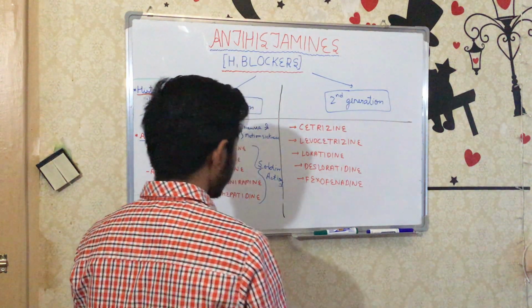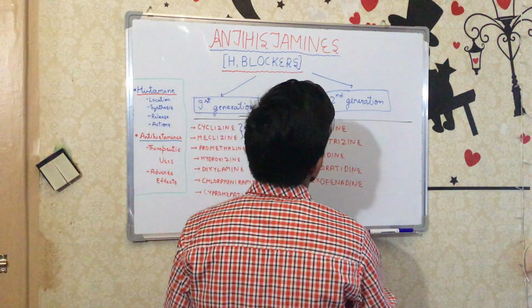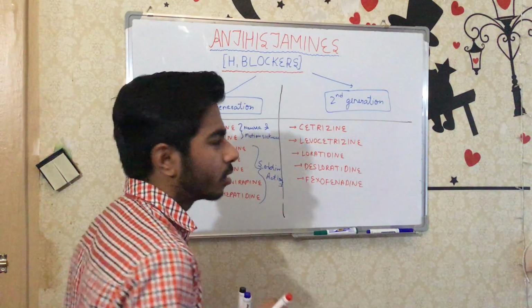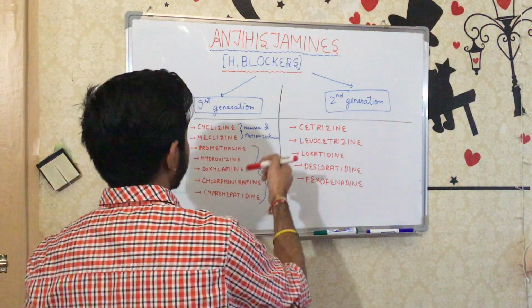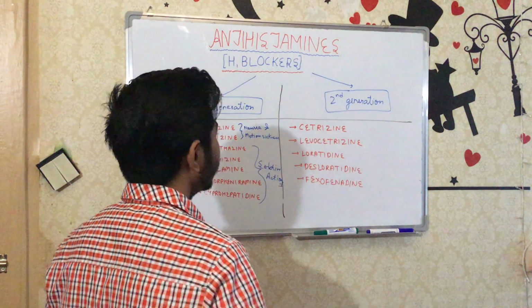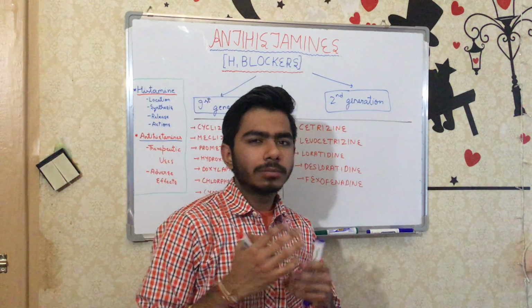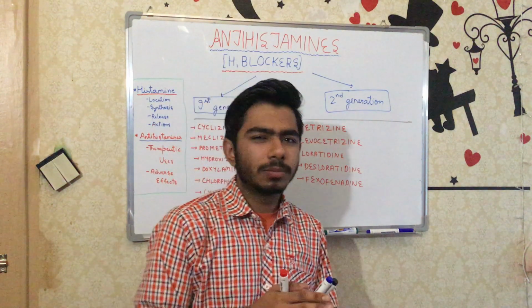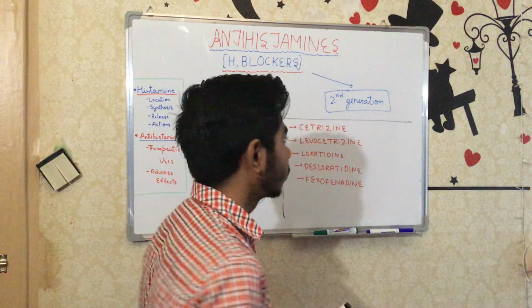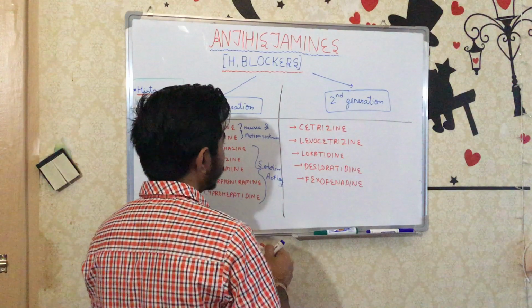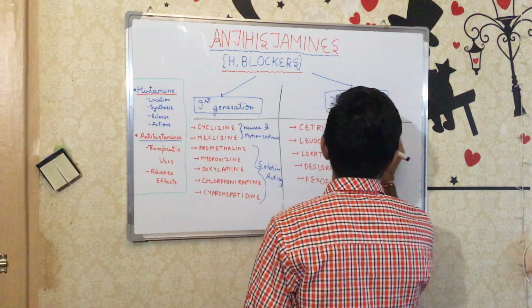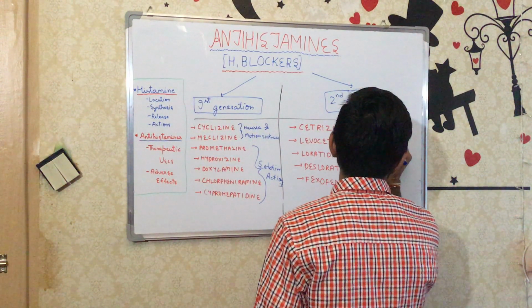Now, as I mentioned earlier while talking about the adverse effects of the first generation drugs, second generation drugs usually do not cross the blood-brain barrier, but some drugs can cross it and cause sedative effects. Cetirizine and levocetirizine show some sedative effect.